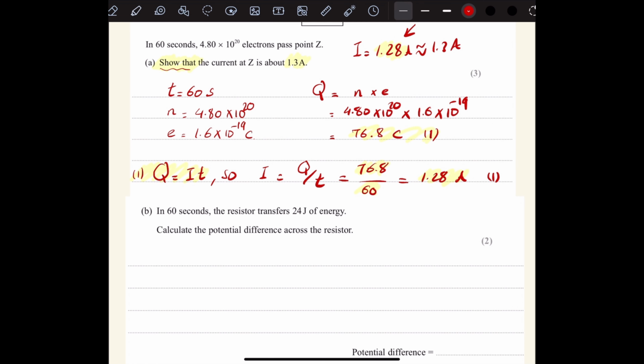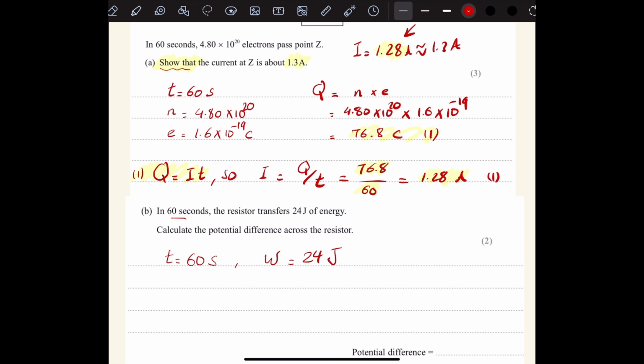In section B, he already gave us again the time taken, so T equals 60 seconds, and the energy transfer, which is the work done through the resistor, is 24 joule.